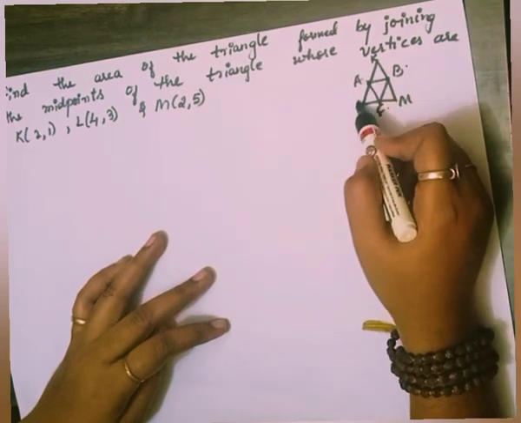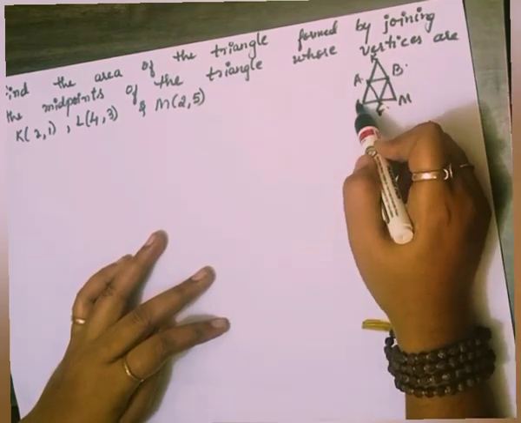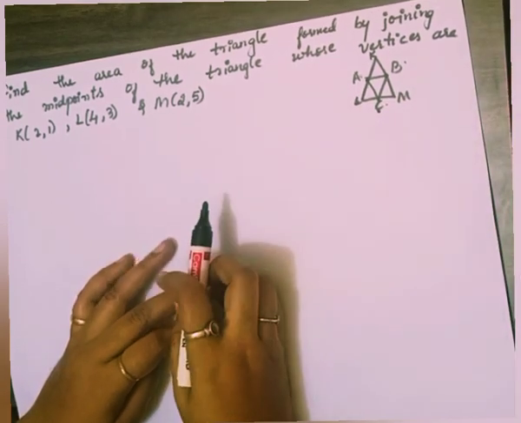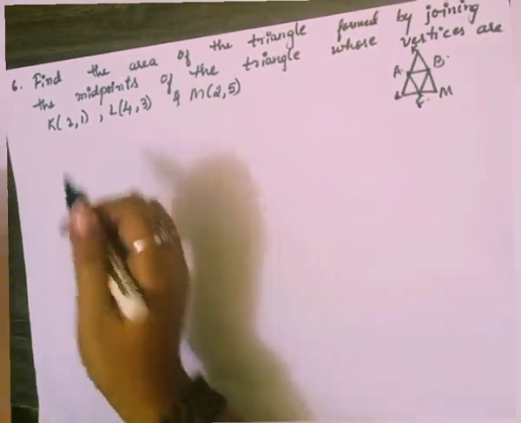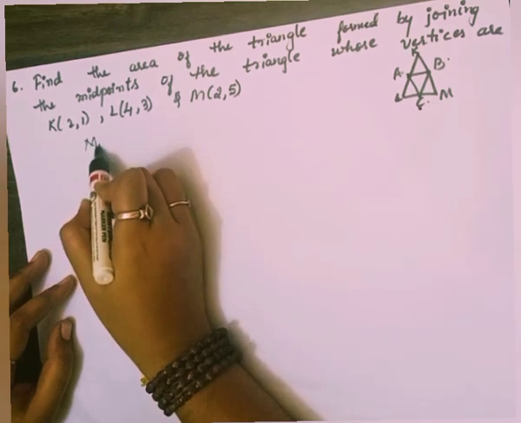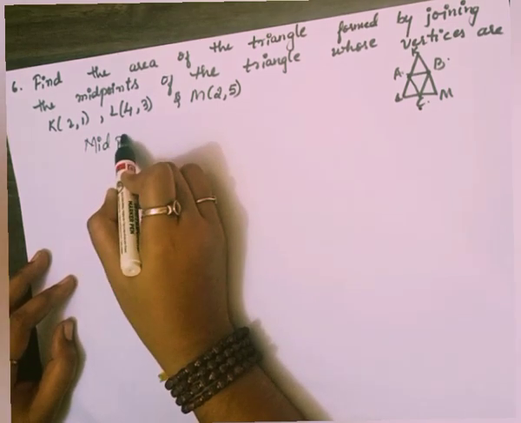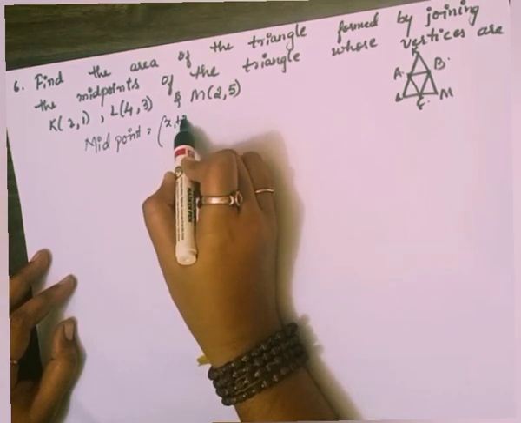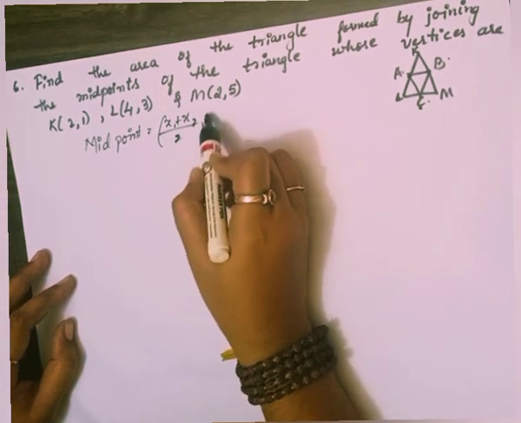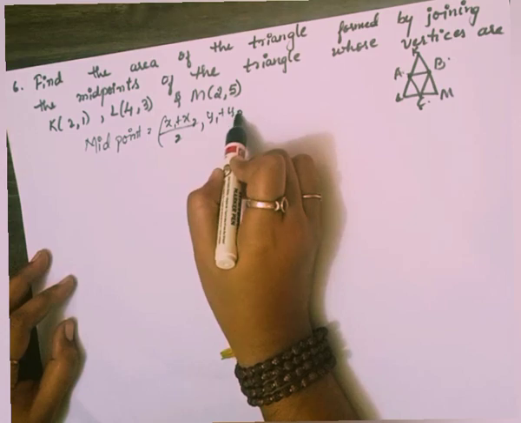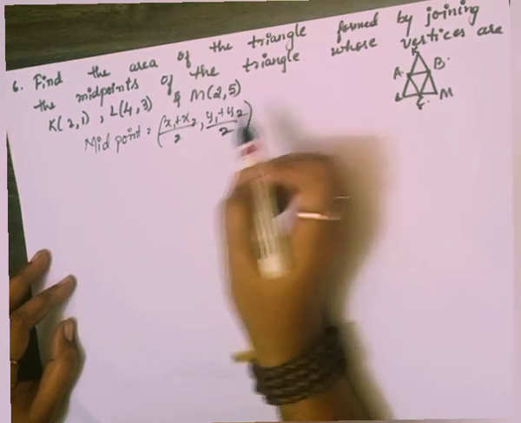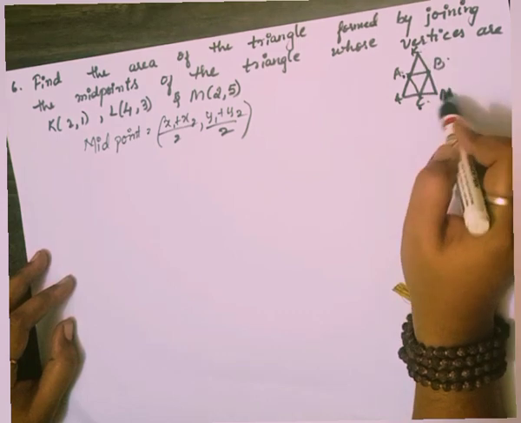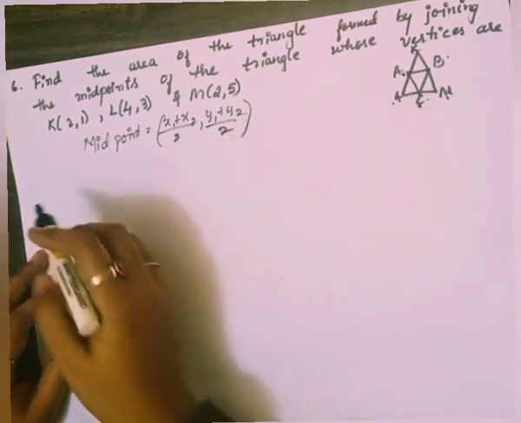So first we need to find the values of A, B, C. To find A, we need to go with the midpoint formula. The midpoint formula is (x1 plus x2 divided by 2, y1 plus y2 divided by 2). First I'll take the KL side, next KM, and afterwards LM.